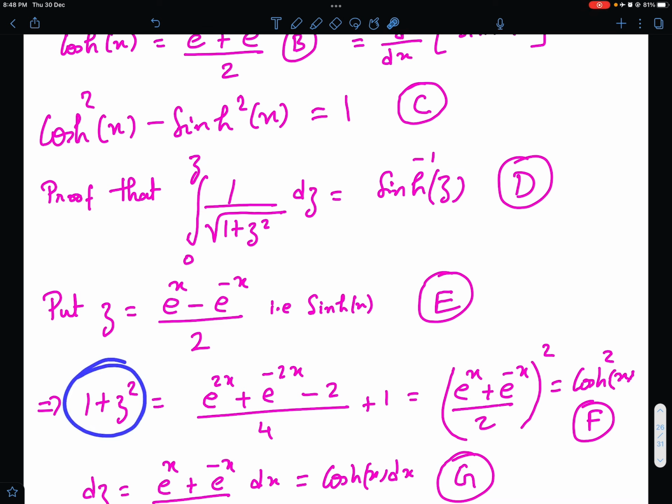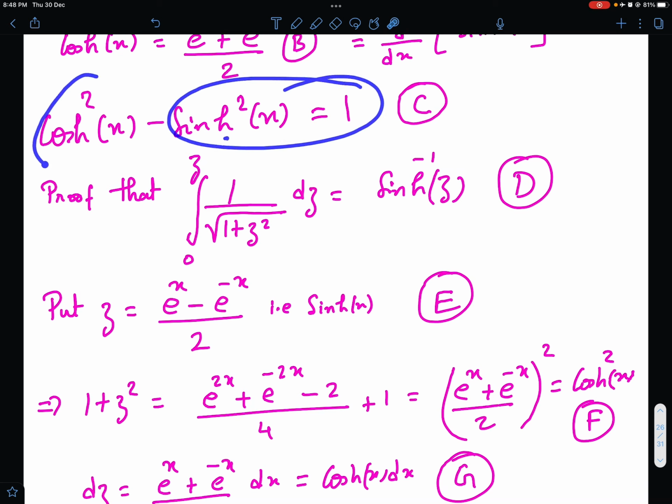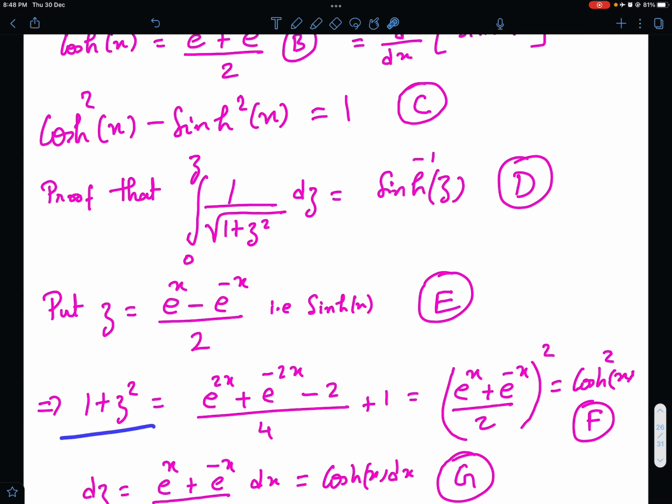You just square it and you add 1. It becomes nothing but cos square x. I could also say that from here itself, see, 1 plus sine square x is cos square x. But just to do the maths and explain by expanding, so you get this, right? So 1 plus z square becomes cos square x. From here also you can see.